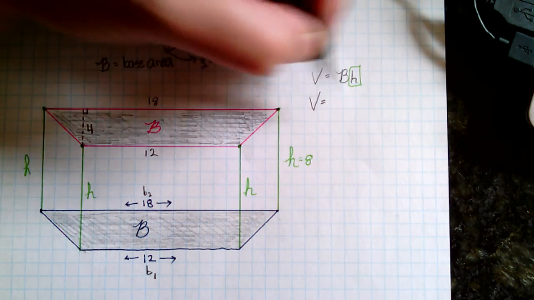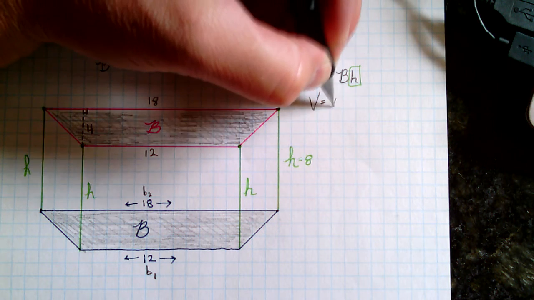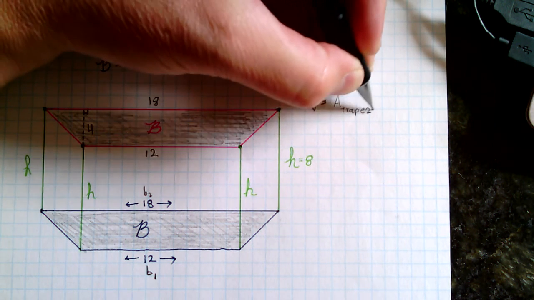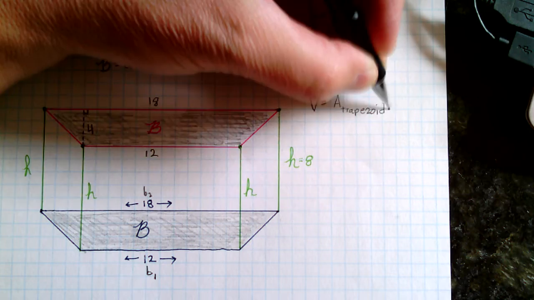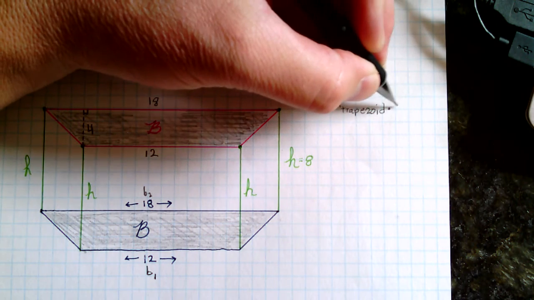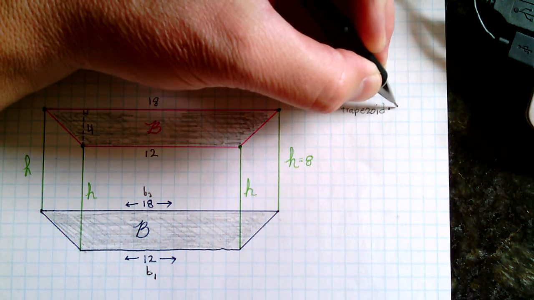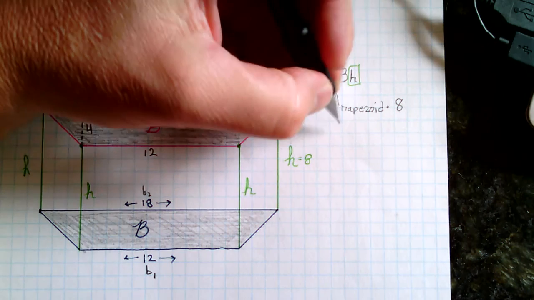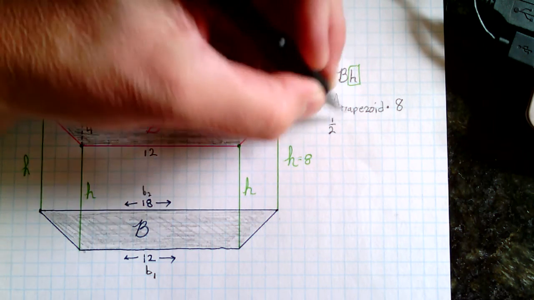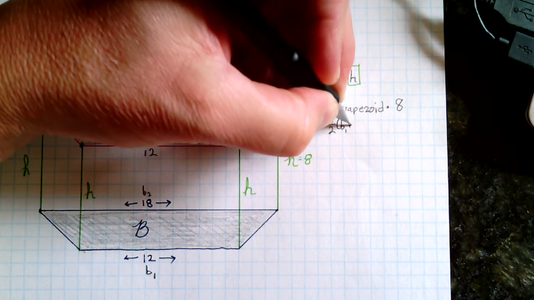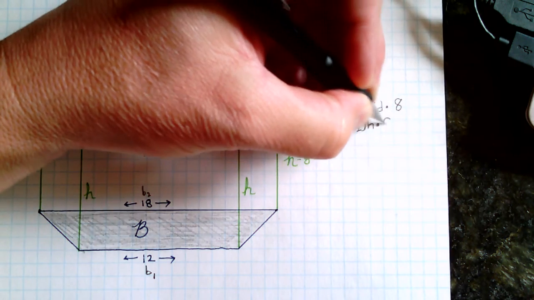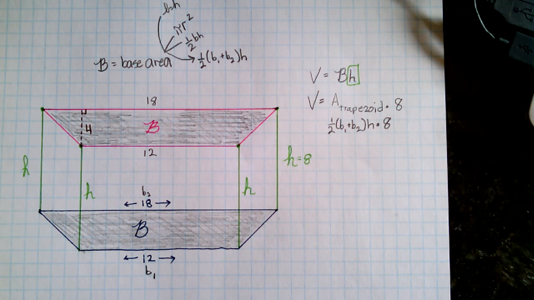This is a trapezoid, so we need to find the area of the trapezoid and multiply that by the distance between the two trapezoids. In this case, it is 8. So then the formula for the area of a trapezoid is 1/2 base 1 plus base 2 times the height. And then hanging out here on the end is that 8 still. So don't forget the 8 still in the game.